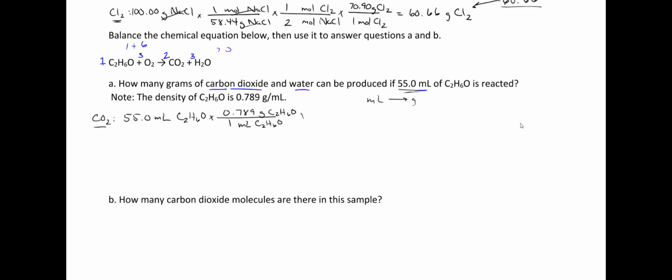The rest is just like the previous problem. We first go from grams to moles. So I don't know that number off the top of my head. However, I do know carbon's atomic weight and hydrogen's and oxygen's. So please follow along with me using a periodic table. Carbon's atomic weight is 12.01 times 2, because there are 2 in the formula.